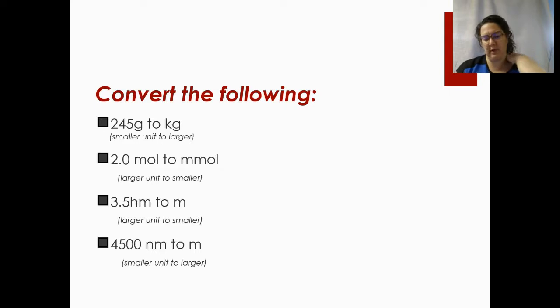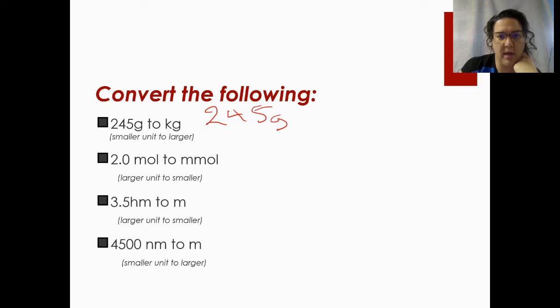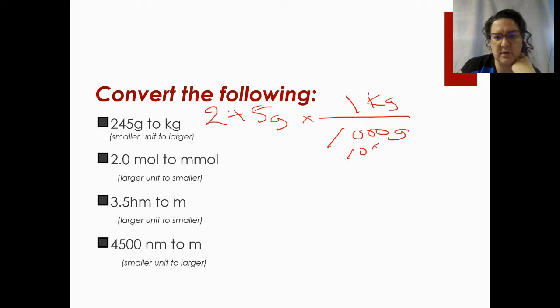Here we're going to convert 245 grams to kilograms. We have 245 grams, and we're going to multiply this by a ratio with grams on the bottom. 1 kilogram is 1,000 grams, or 10 to the power of negative 3 going from grams to kilograms, but I'm just going to use 1,000.